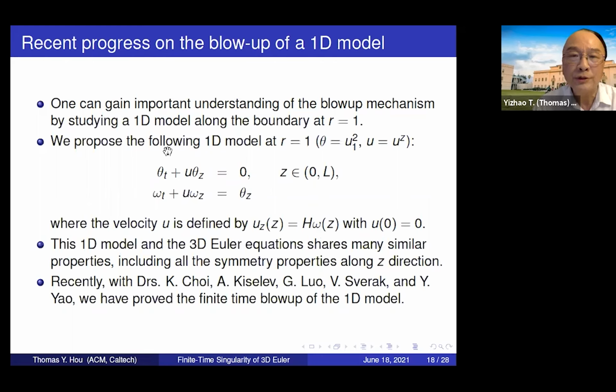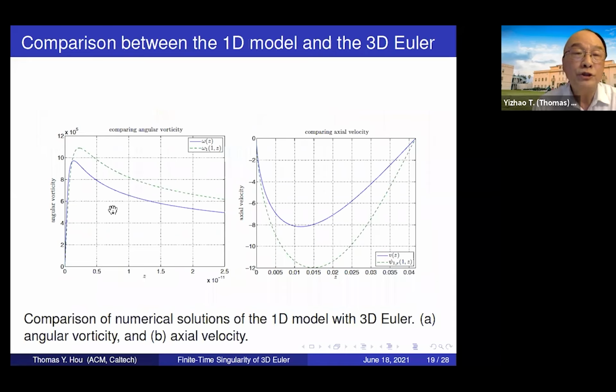It shares all the symmetry and scaling properties of the original 3D Navier-Stokes equation. In fact, you can show that the 1D model produces the vorticity qualitatively the same as the 3D vorticity, the omega 1 at r = 1, and the velocity field also has the same scaling.